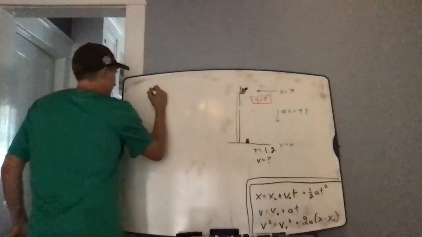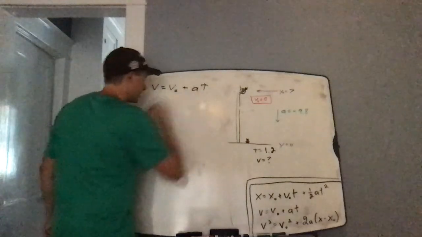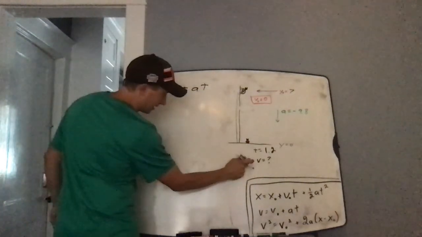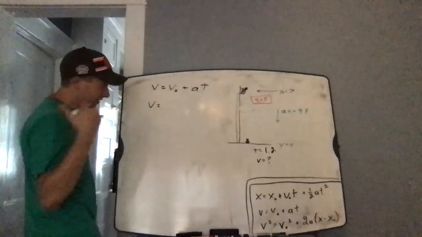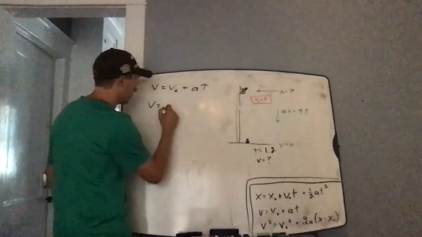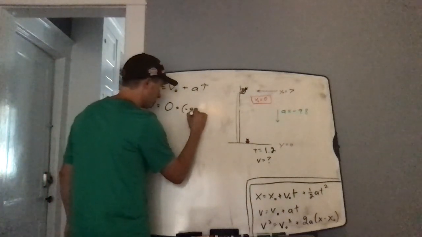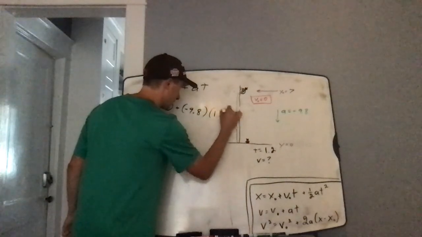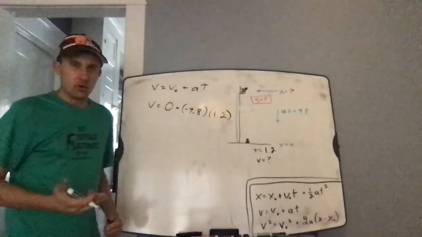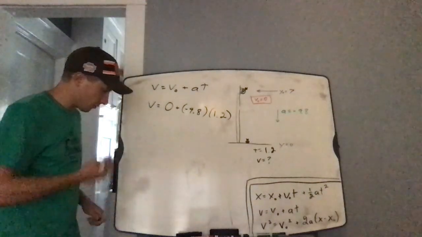So if I say V equals V naught plus a t, V is what we're really trying to find. V naught, we said, is 0. Acceleration due to gravity is negative 9.8. And time is 1.2. So negative 9.8 times 1.2, I multiply those numbers together.